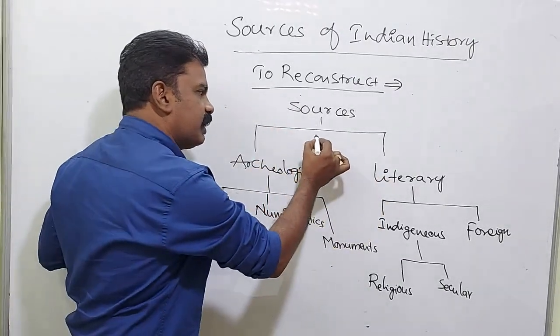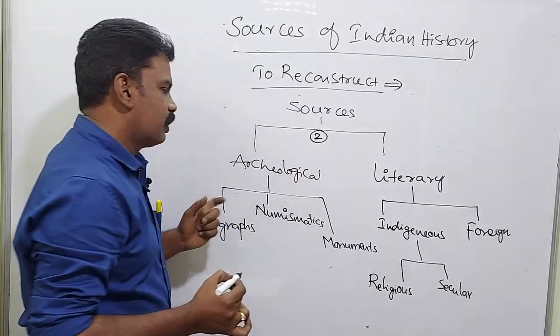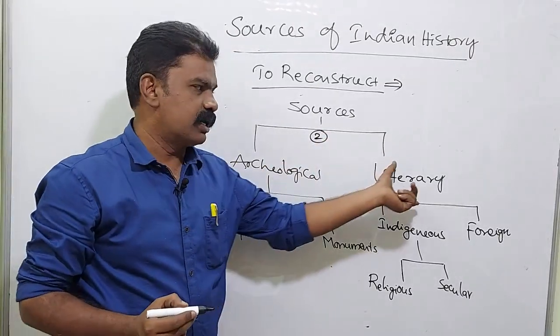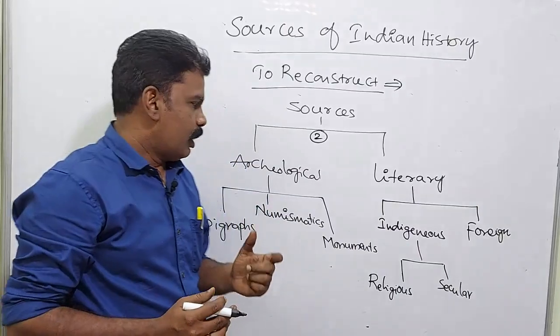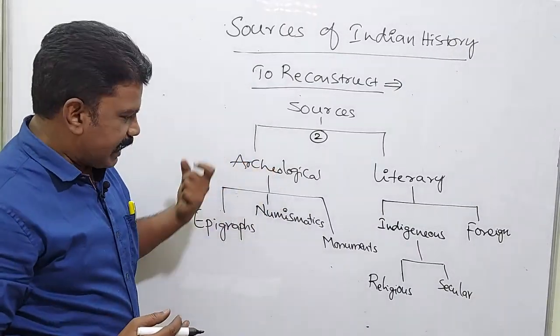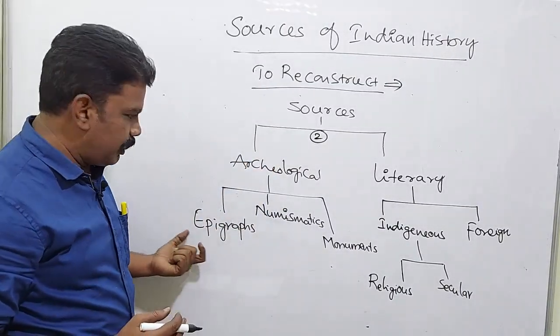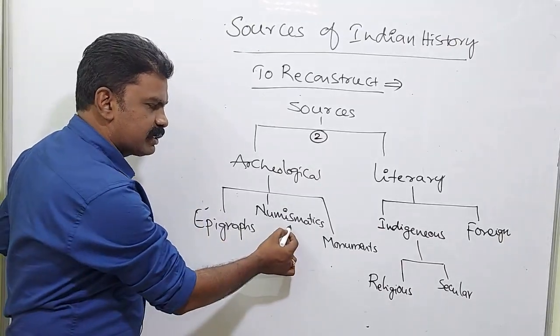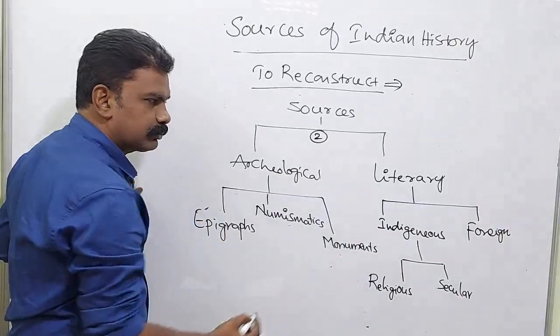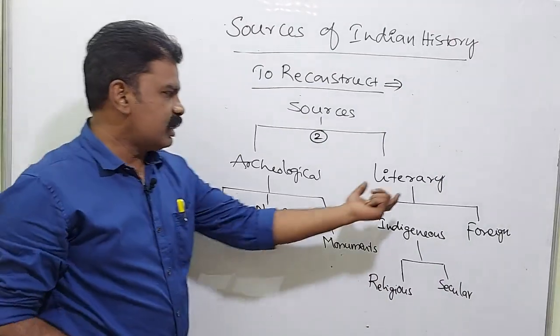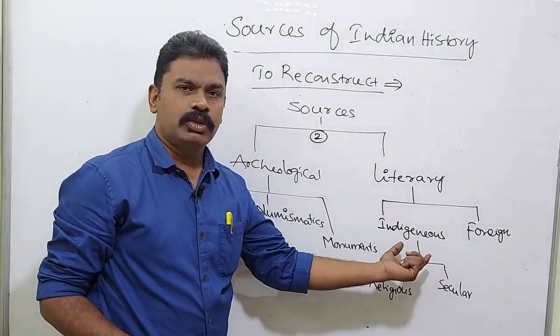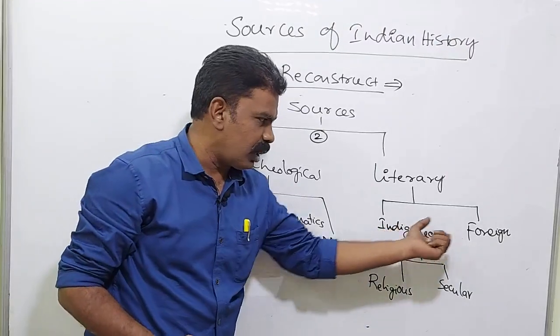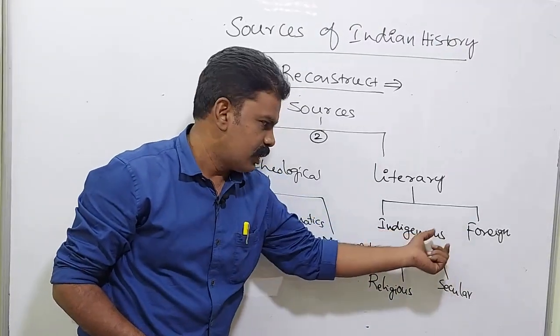Sources are broadly divided into two parts: archaeological sources and literary sources. Archaeological sources, again, you can divide into three parts: epigraphs, numismatics, monuments. Literary sources you can divide broadly into two: indigenous and foreign literary sources.